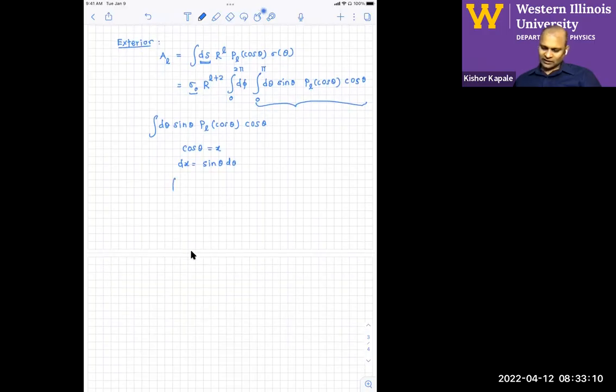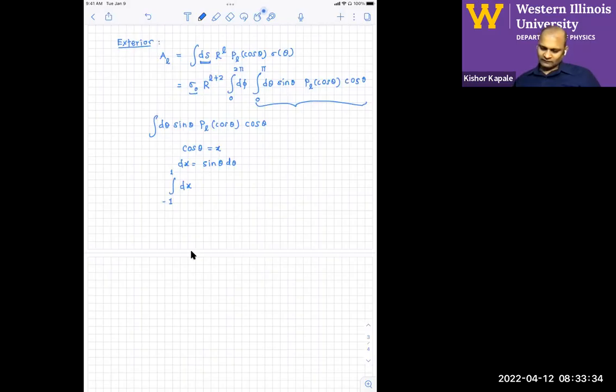And then once we do that, the integral becomes dx, and the domain becomes from -1 to 1, because when theta is 0, cosine 0 is 1. Yeah, so it's -1 to 1. It actually gets reversed, but that's okay.